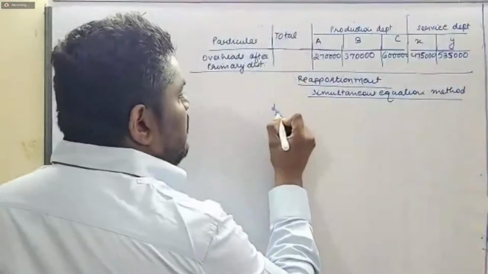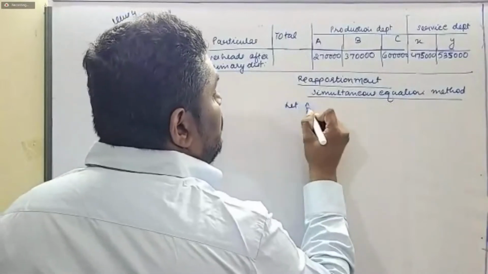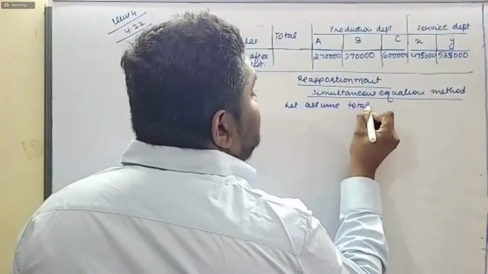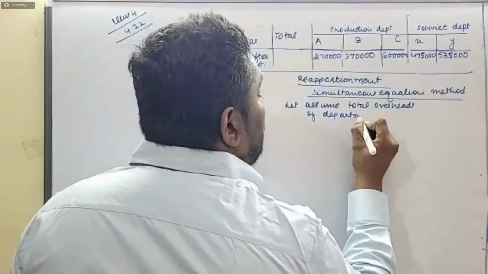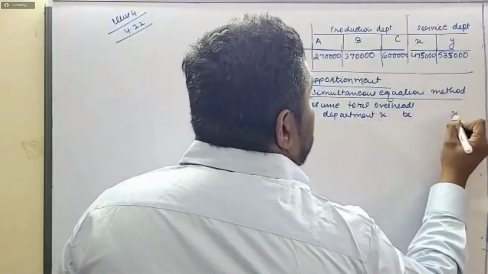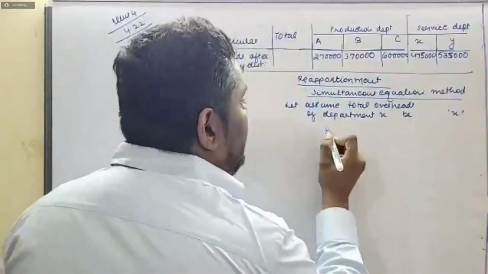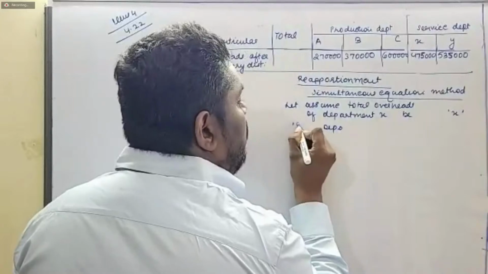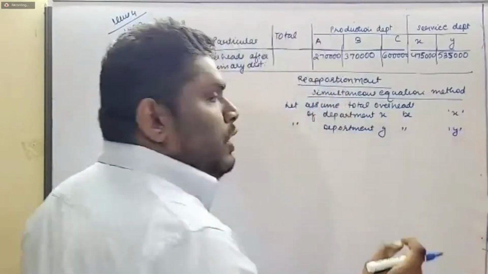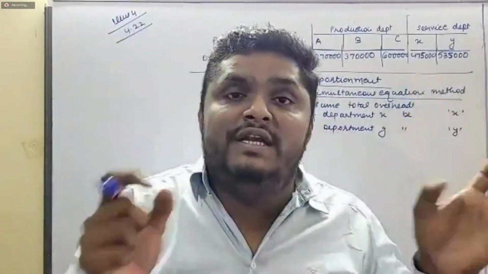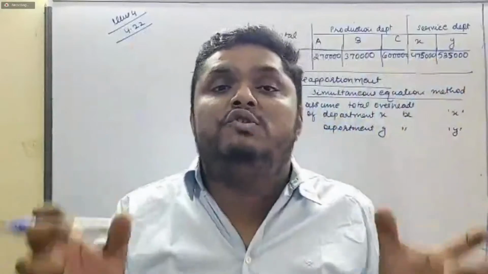So let's assume that the total overheads of department X be X. And let's assume that the total overheads of service department Y be Y. The total overheads of X are not 4,75,000; a portion distributed from Y will also be added.